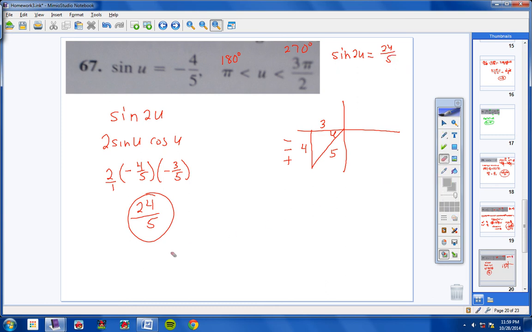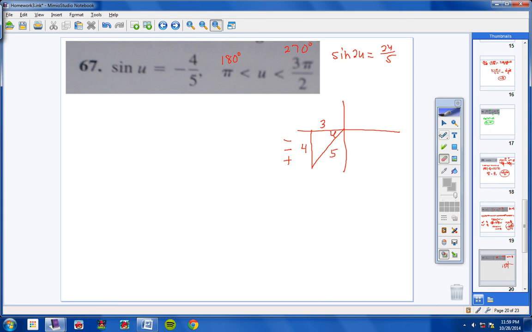Okay, let's move on now and find the cosine of 2u. The substitution we can make for this would be cosine squared of u minus sine squared of u. So cosine would be negative 3/5 squared minus sine of u, which would be negative 4/5 squared.